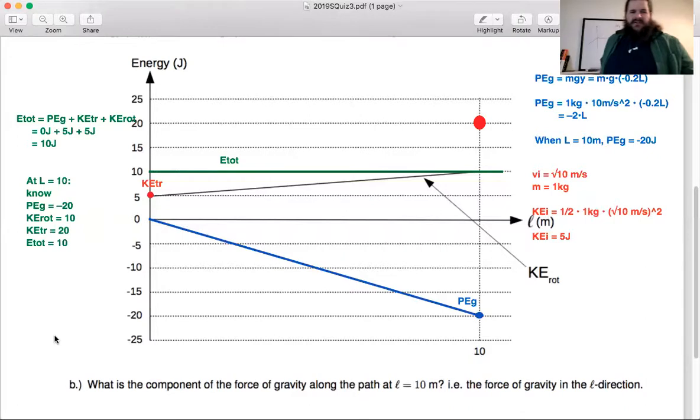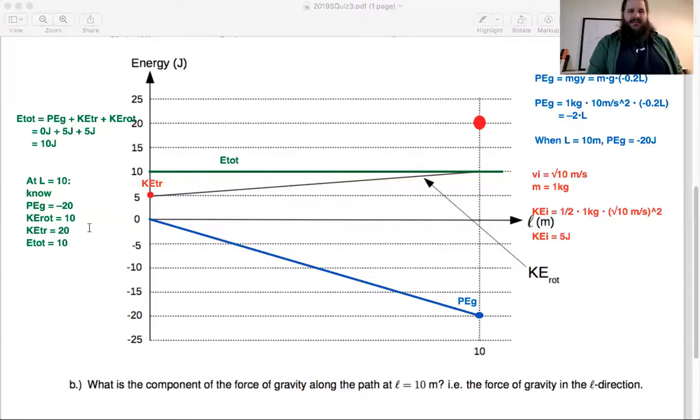I mean, why would we expect kinetic energy on this graph to be a straight line instead of a parabola or a sine curve or exponential or any other shape? Well, how do we calculate the kinetic energy in the first place here? Like, how do we get that 20 for translational kinetic energy?